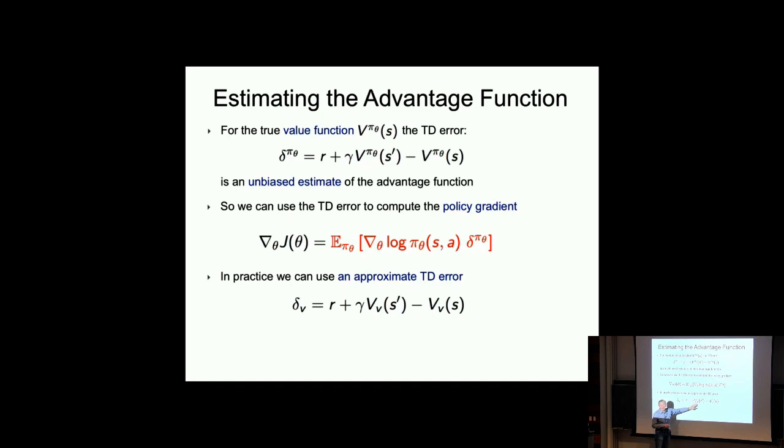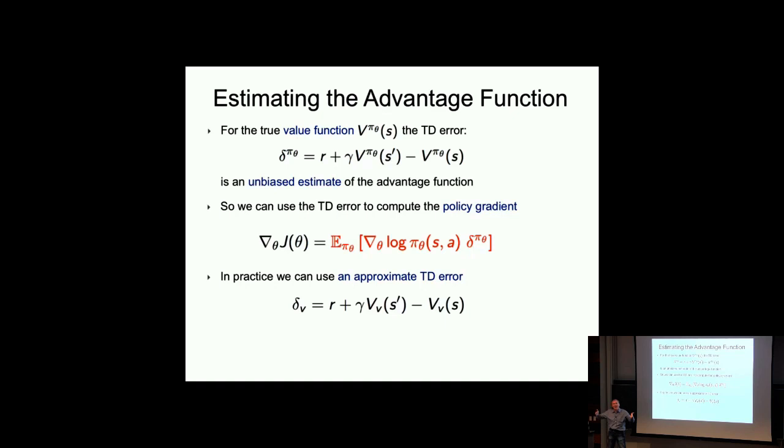It's our estimate of it based on some parameters, say v. And so again, we often end up approximating this, instead of using the true delta of pi theta, which is hard to know if we don't know the exact value functions. We often use some approximation to it based on our estimate of what the value function is.